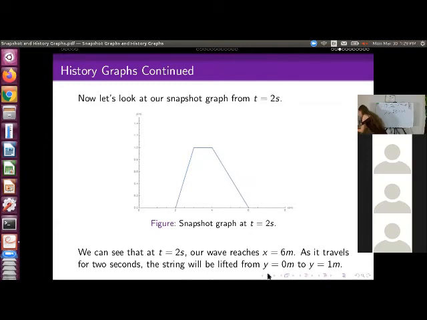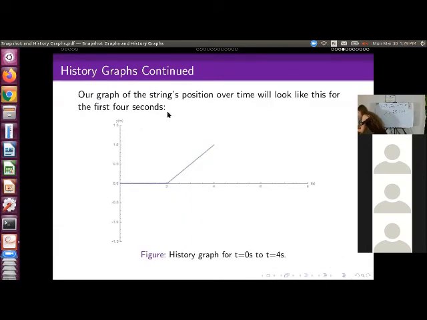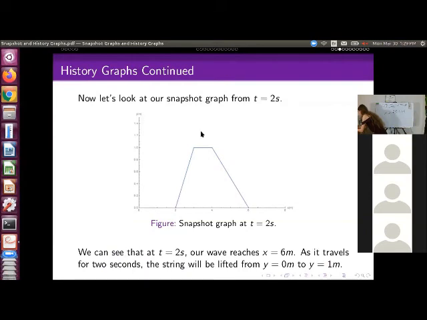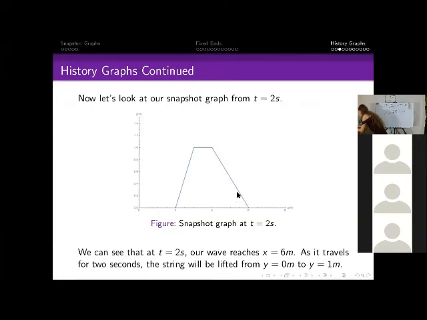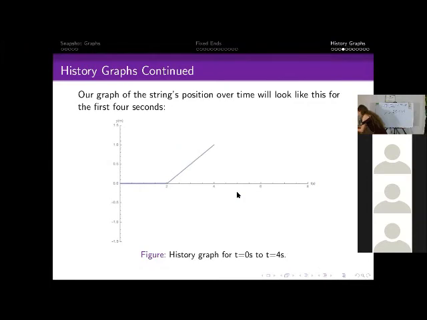So after 2 seconds, this point here is going to be up here. So if we plot that, we start out at 0 and go up to 1. It looks kind of like the reverse of our wave because this front is what's rising with the point.